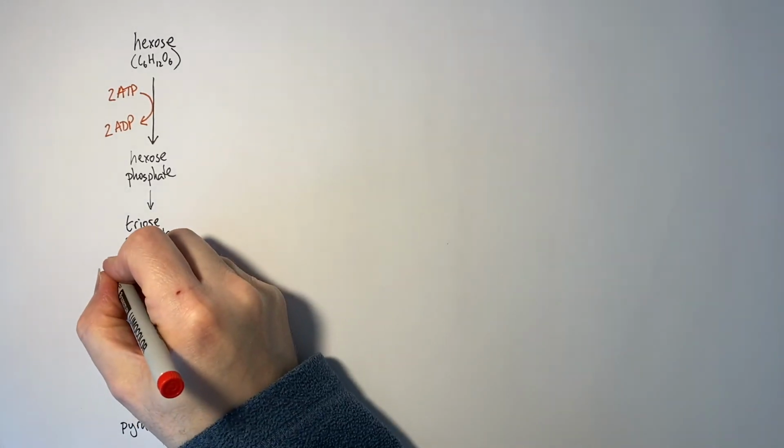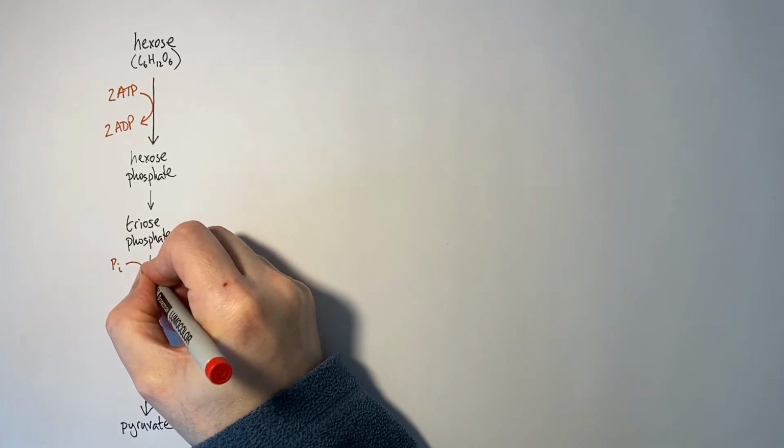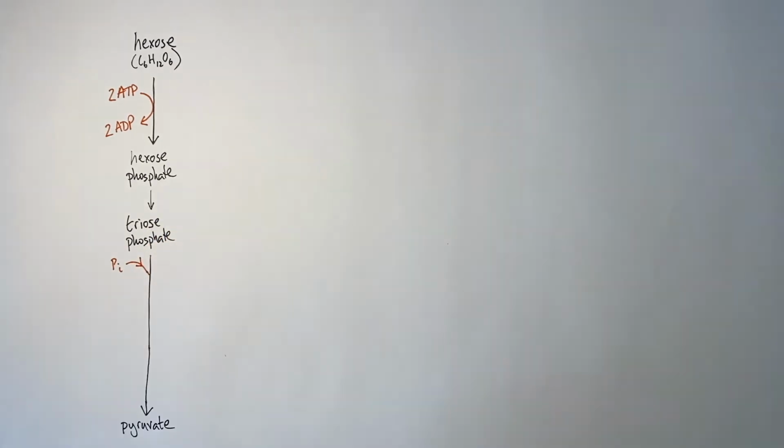The first thing that happens is that some inorganic phosphate is added. Don't worry about where that comes from. It could come from the diet, it could be absorbed through the roots of plants if we're talking about respiration in plants.